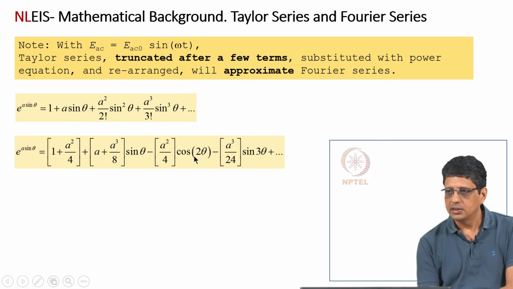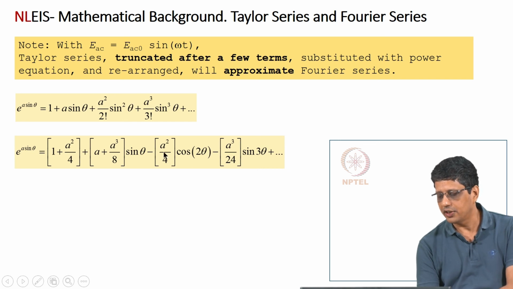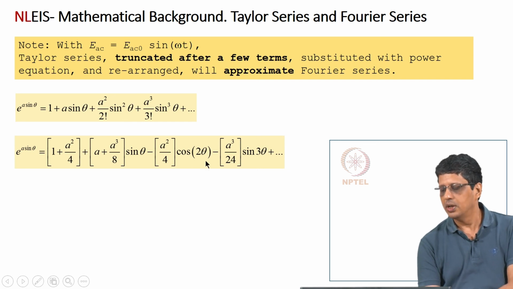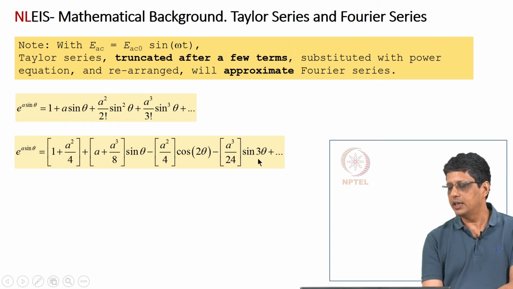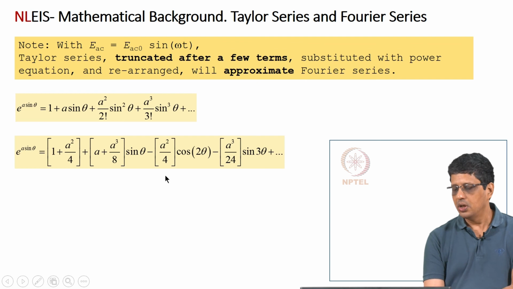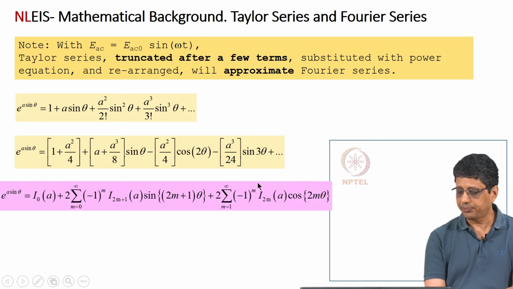Then sin theta raised to power 2 will give me cos 2 theta, so I have a coefficient of minus a squared by 4, and of course the sin 3 theta comes from the sin cubed, with a cubed by 24.